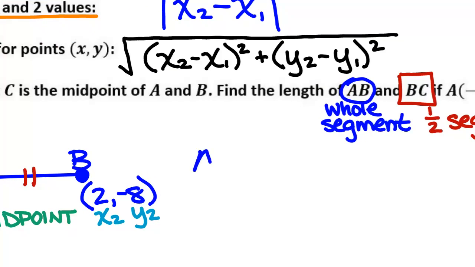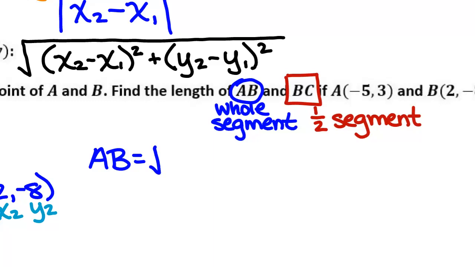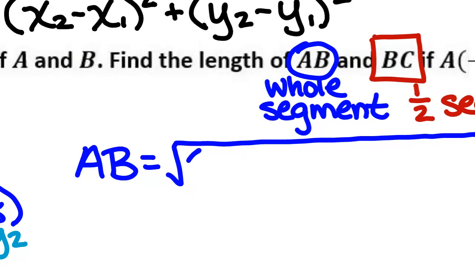So now we're going to go from A to B is equal to, and we've got our big square root sign. First set of parentheses, x2 minus x1. What is my x2? 2. What do I put after the 2? Minus. And then what? -5.